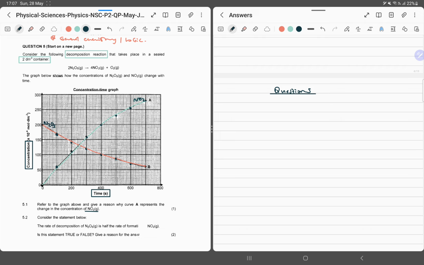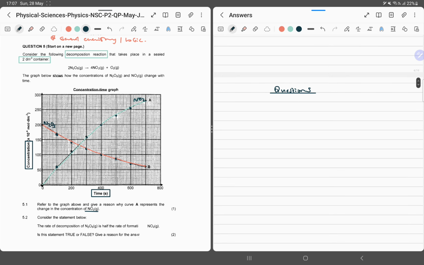Okay, so the answer is, we know that, I don't know how to answer this question. Why? It's because the graph, okay, we can just say the curve starts from 0 to a particular concentration, right?